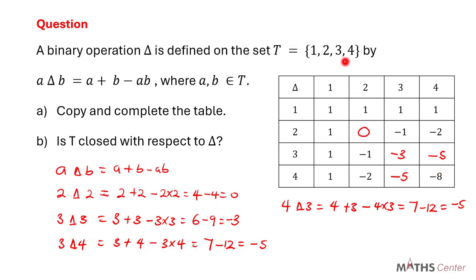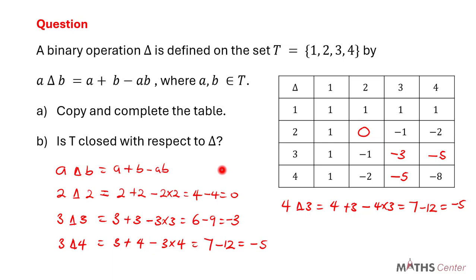They are all not in set T. And so we can say that T is not closed with respect to delta. A binary operation is said to be closed under a given set when all the results produced by the binary operation can be found in that set.